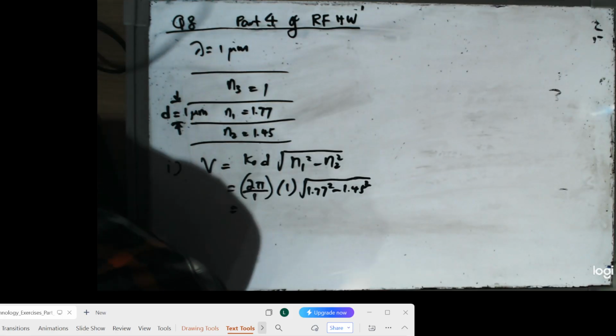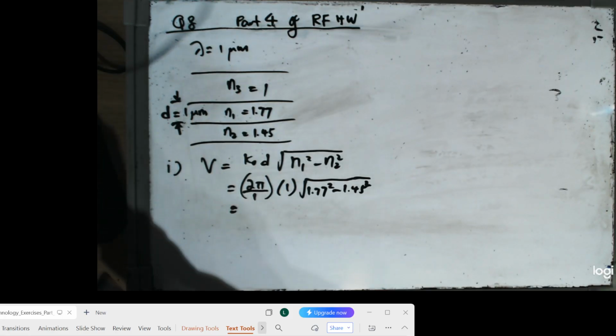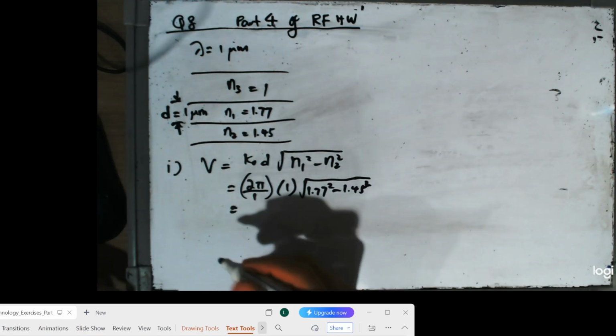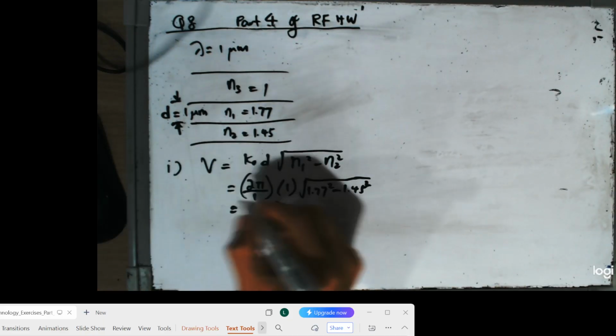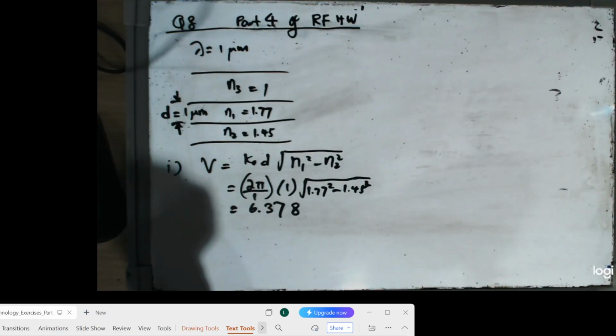So from what I can calculate, it is 6.378. So part 1 is done.